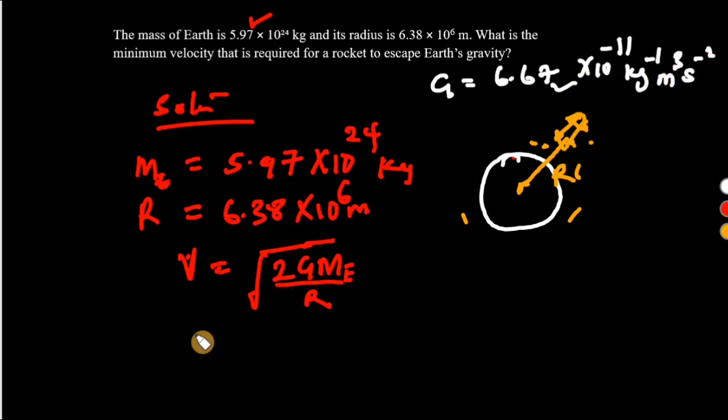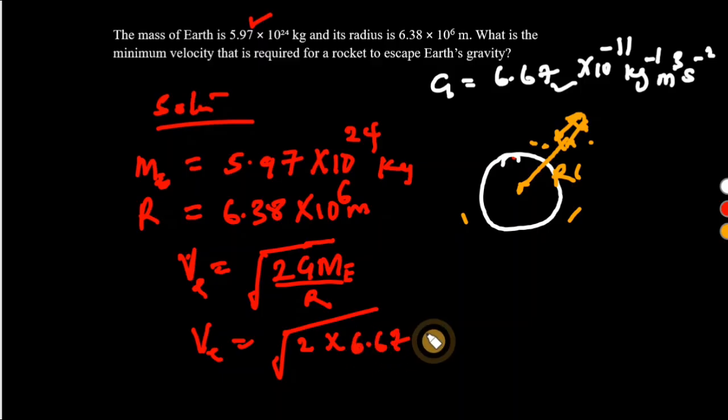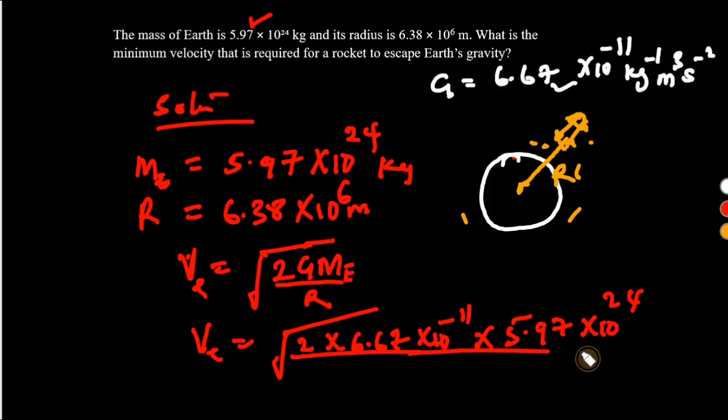So the escape velocity will be the square root of 2 times 6.67 times 10 to the power of minus 11, times the mass of the Earth, 5.97 times 10 to the power of 24, upon r. The radius is 6.38 times 10 to the power of 6.